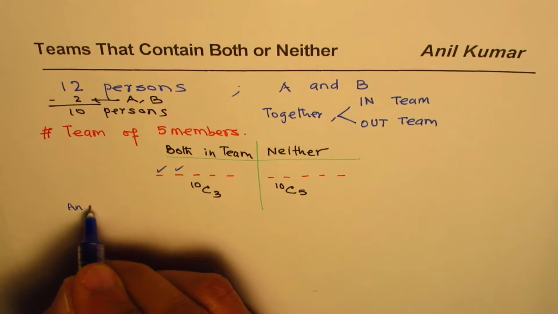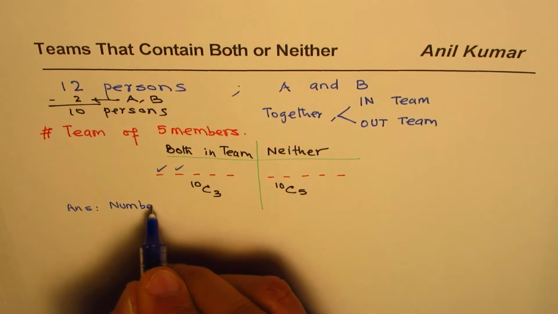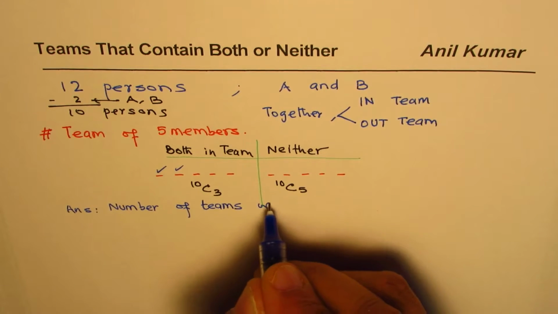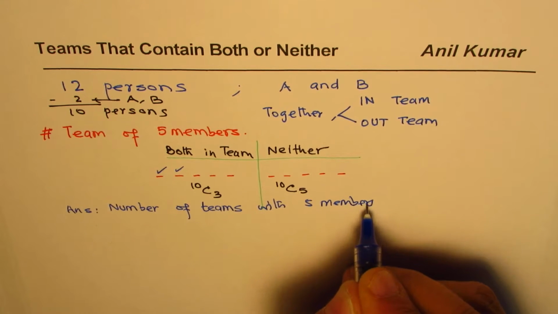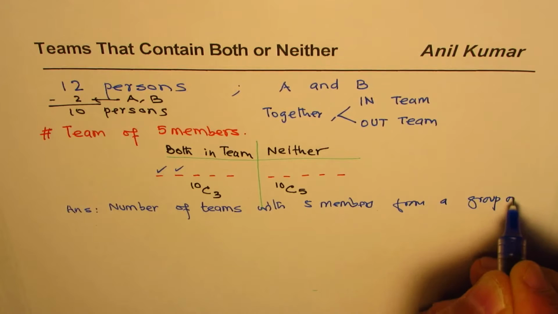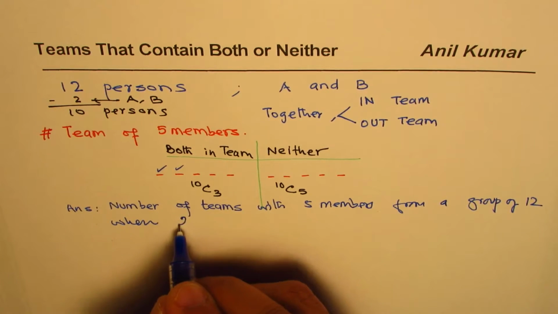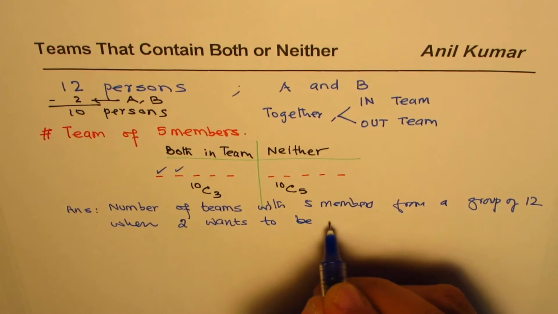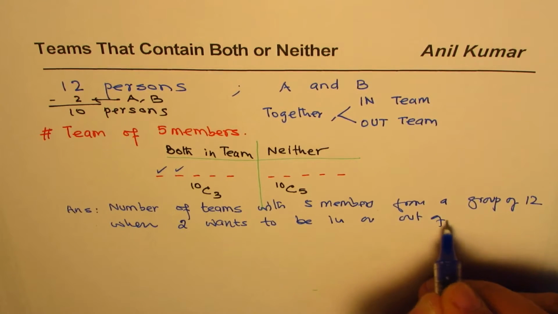So our answer, we can write down, is the number of teams with 5 members from a group of 12 where 2 want to be in or out of the team.